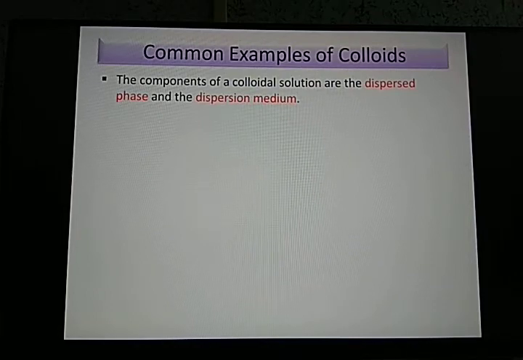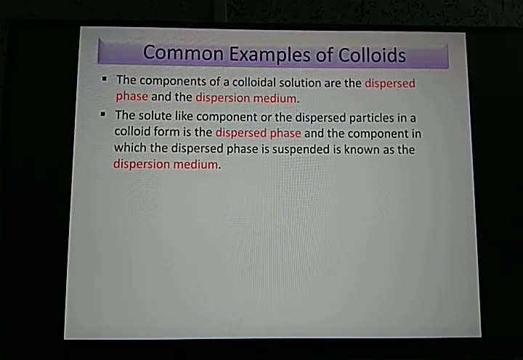Now in a colloidal solution, there are mainly two components. One is called the dispersed phase and another is called the dispersion medium. So what are these? Let us see. The solute-like component, or the dispersed particles in a colloid, is the dispersed phase.